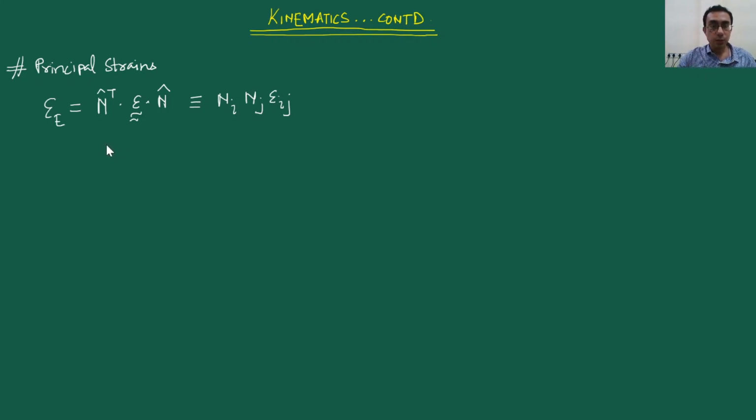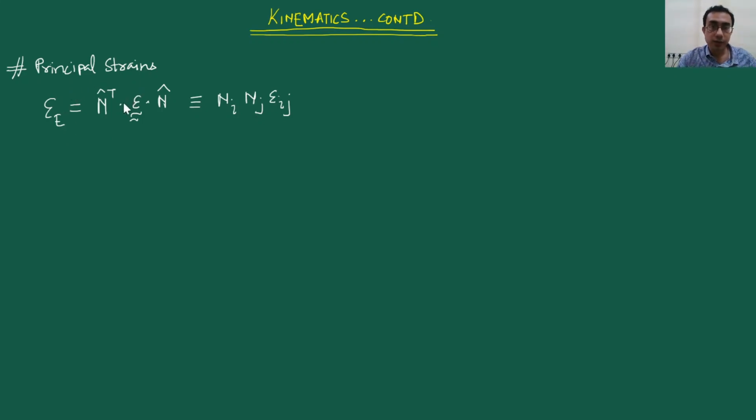We set the direction, we can find out the engineering strain. But among all these various directions denoted by various values of this n unit vector, which is that direction along which we get the maximum value of the engineering strain, and what is that value of the maximum engineering strain? That question is answered within the purview of principal strains.